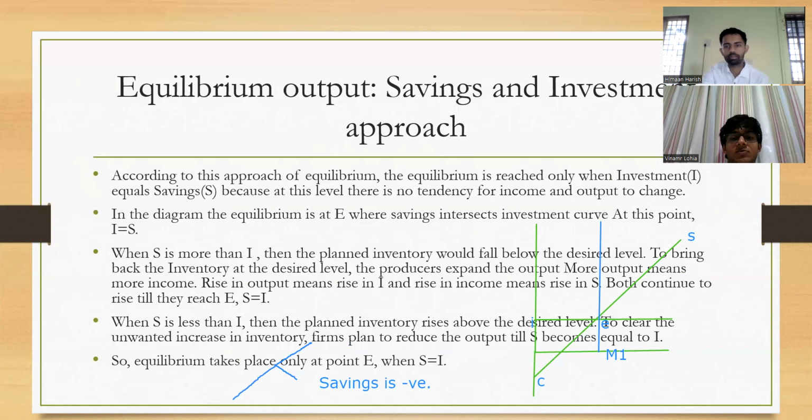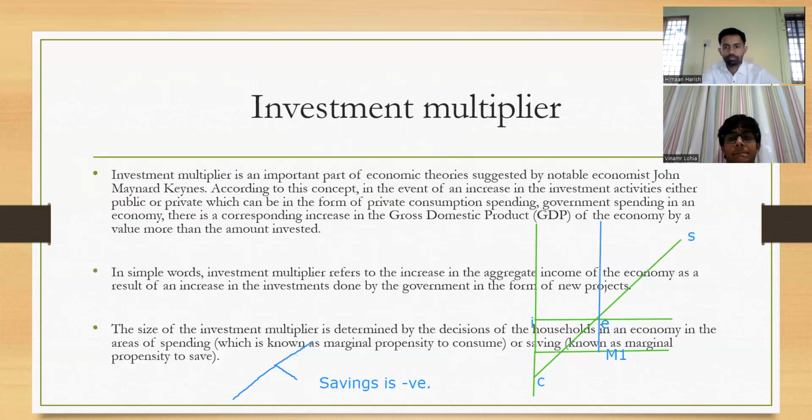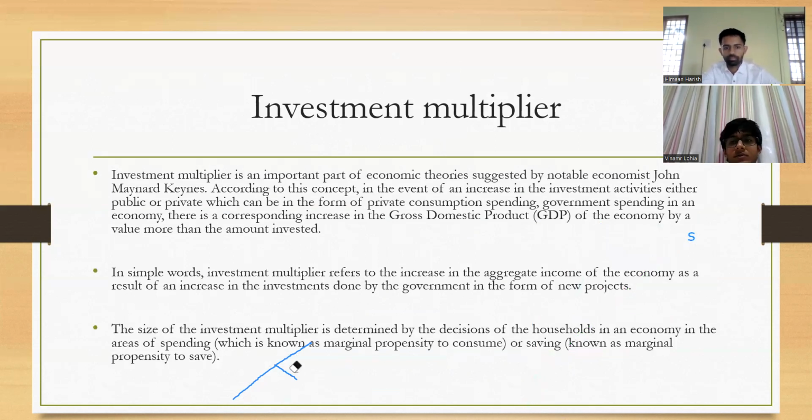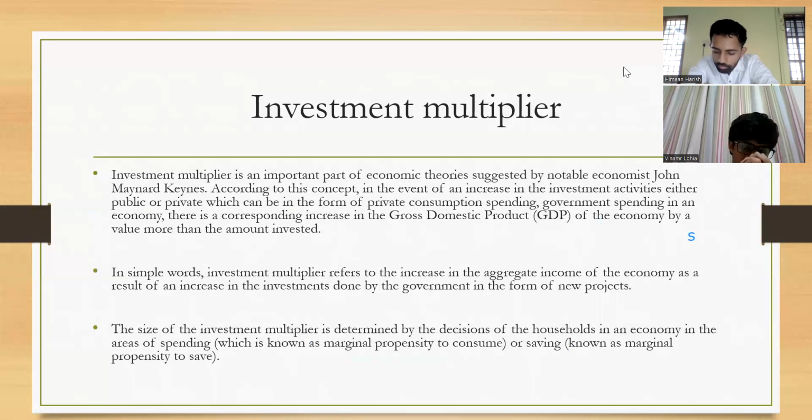So are we clear with the savings and investment approach? Can we move on to the next concept? Investment multiplier. Before going to investment multiplier, we still have the meaning and mechanism of investment multiplier, the meaning of full employment, and the problem of excess demand and deficient demand.